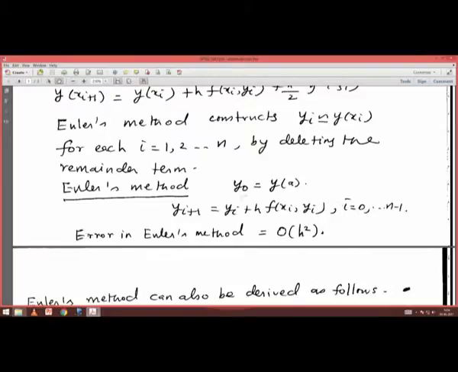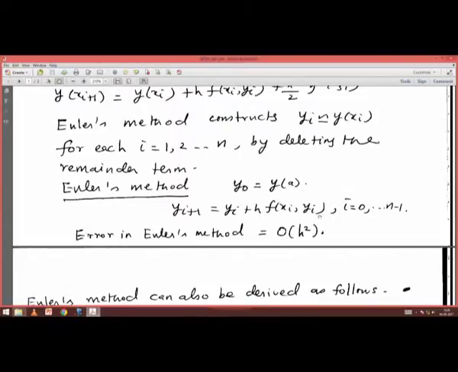When i is 0, you have the information that y at x0 is y at a, which is y0. And so, if you put i equal to 0, you will get y1 to be y0 plus h f of x0, y0. Once you get y1, y2 obtained by taking i equal to 1 is y1 plus h f of x1, y1.